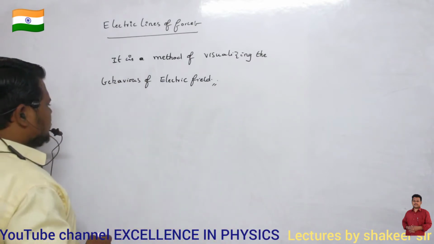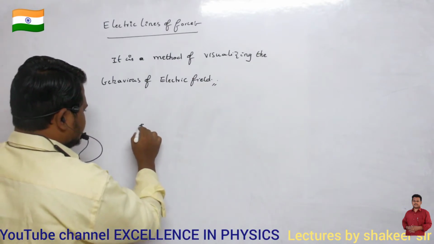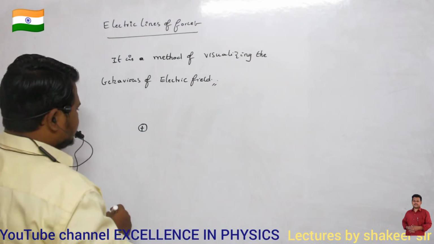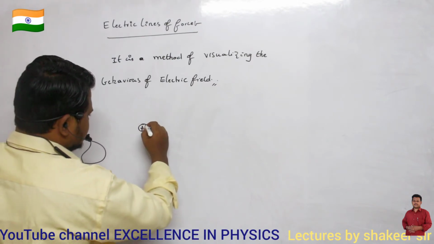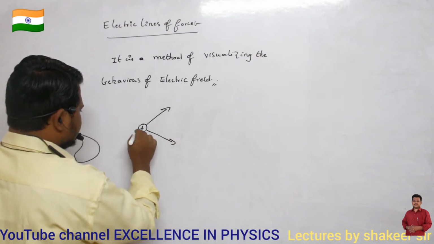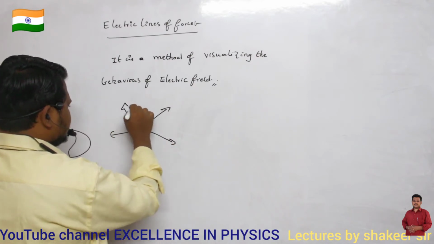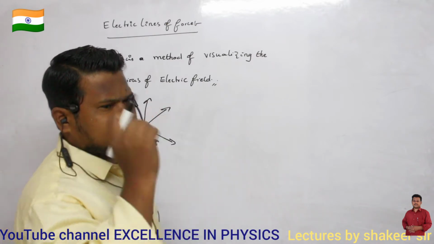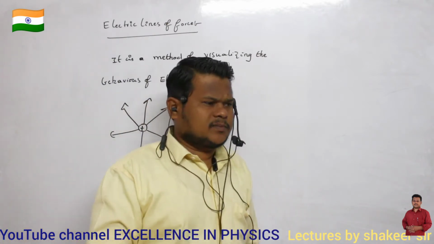For example, if I take a positive charge, then we assume that positive charges will give electric lines of force away from this charge. So, electric lines of force will be moving away from the positive charge.